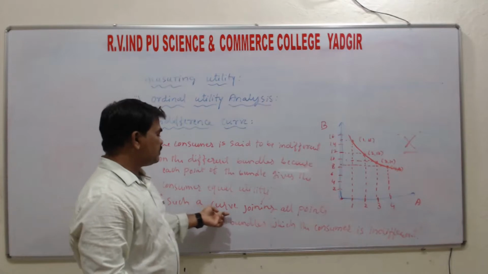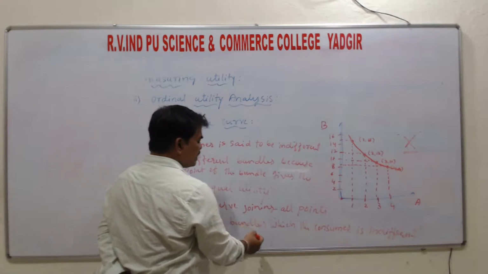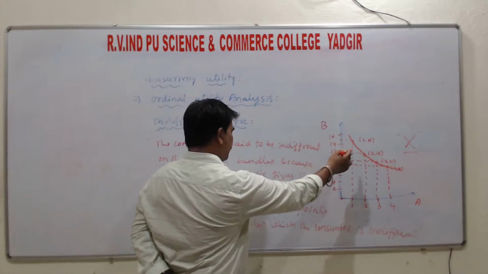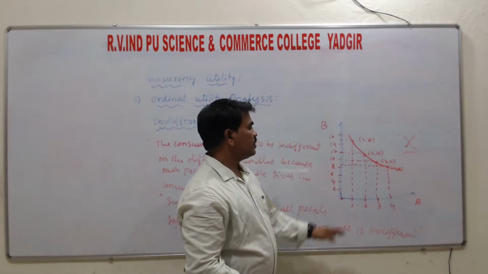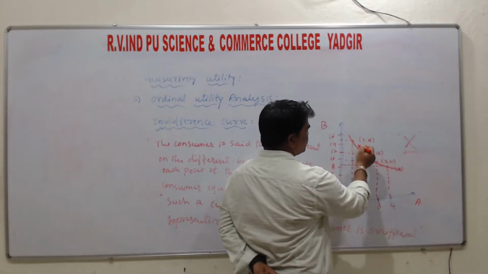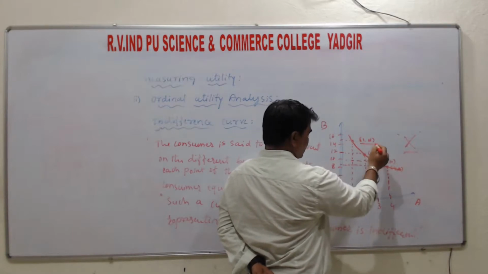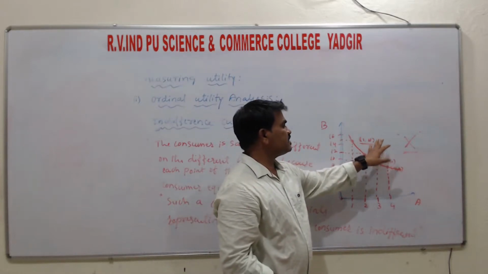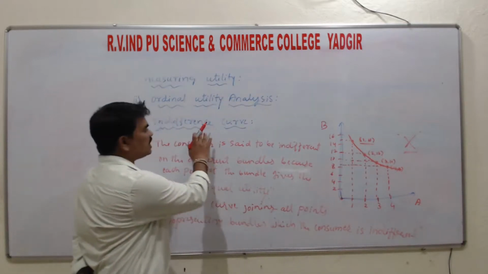It is a curve joining all the points representing bundles where the consumer is indifferent. Here the consumer is indifferent, meaning his utility remains the same on these points. So we call it the indifference curve.